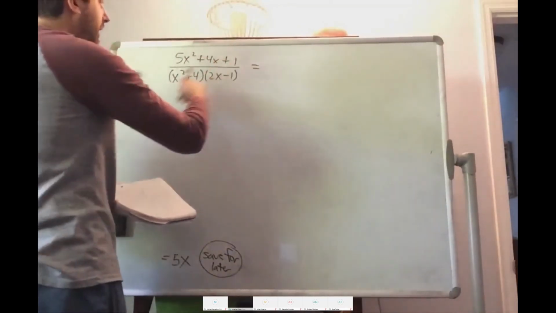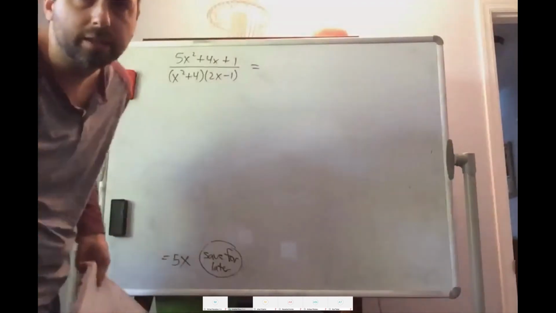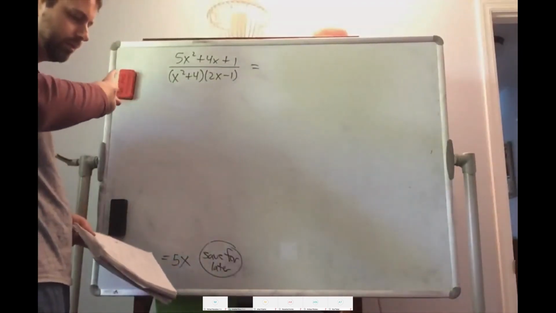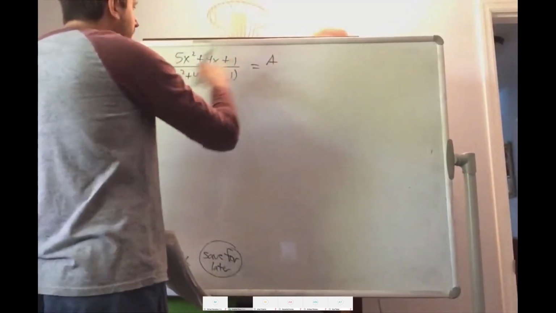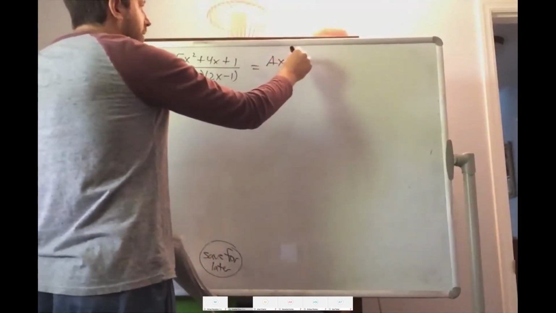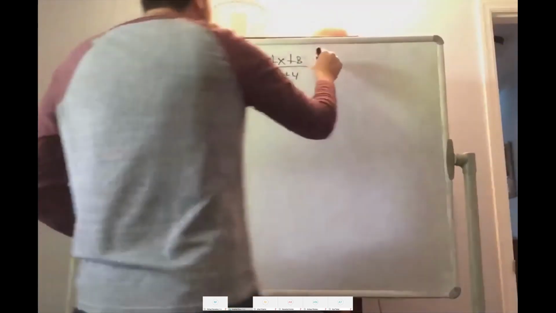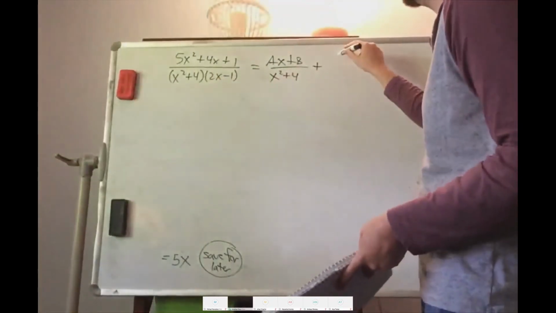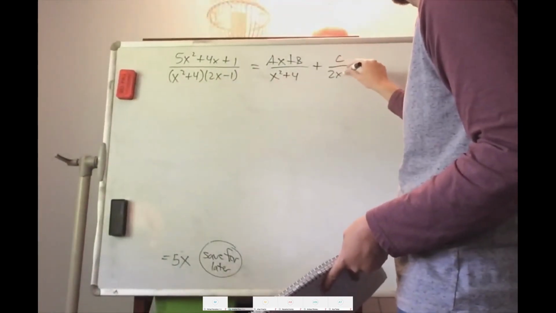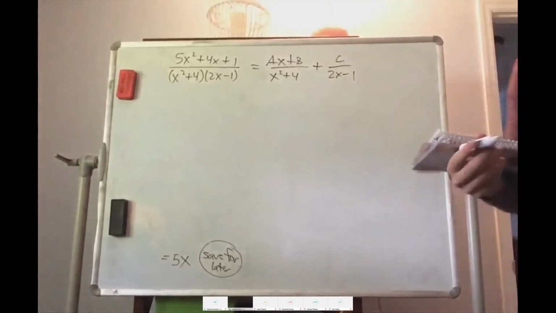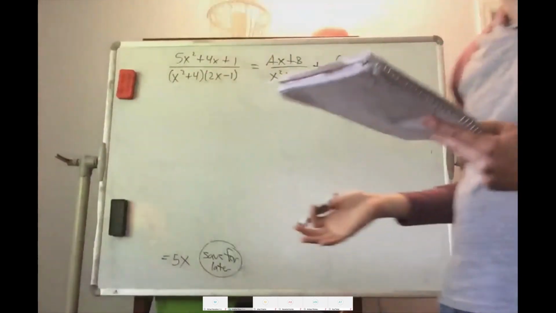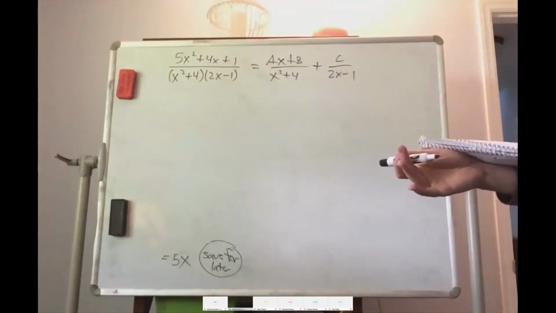So you can see the decomposition terms here. Clearly, we've got an irreducible piece, so ax plus b over x squared plus 4. And then we've got a piece here that's just linear, 2x minus 1. It's got a coefficient in front of it, but that doesn't make it not linear.